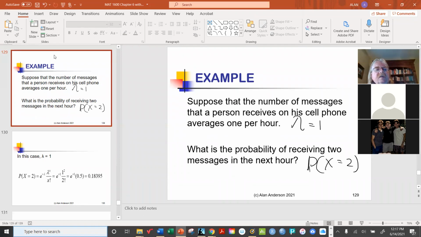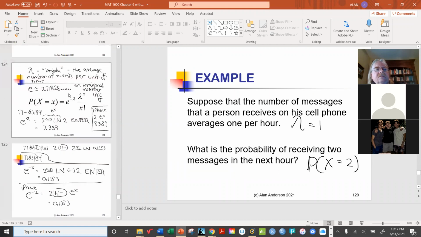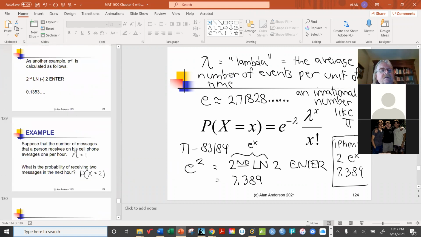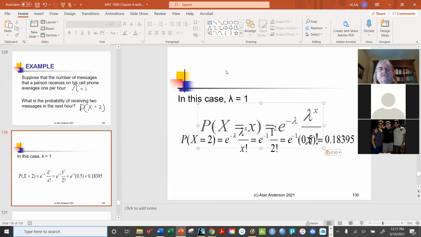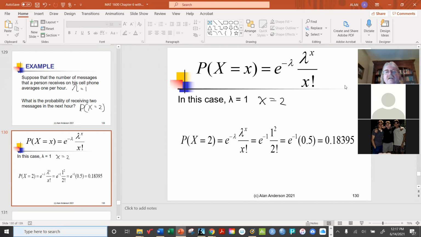All right, so the formula, let's go grab it again. It's right here. So remember that here lambda equals 1, x equals 2. If you plug in the numbers, you've got e to the minus 1, 1 squared over 2 factorial. Now 1 squared, of course, is 1. 2 factorial is 2.